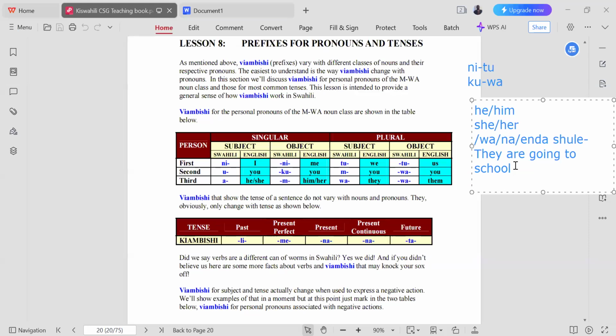For example, let's put them in this sentence: they are going to school. Somebody will ask, who are going to school? You say, it's them. So say, it's them that are going to school.